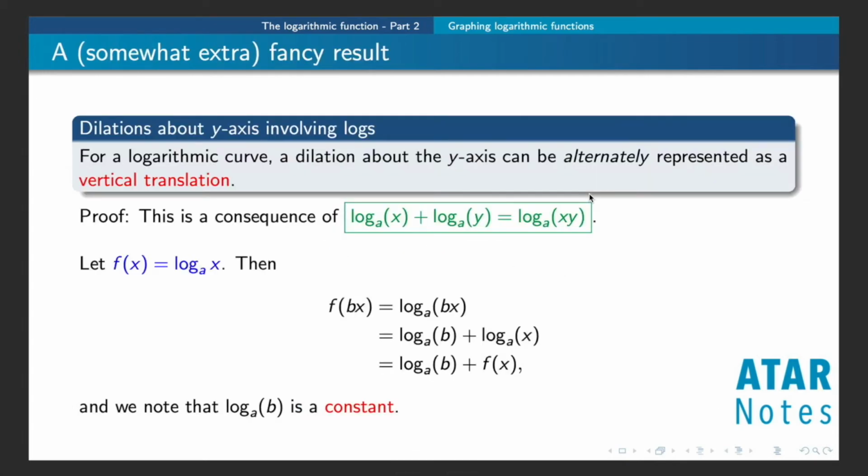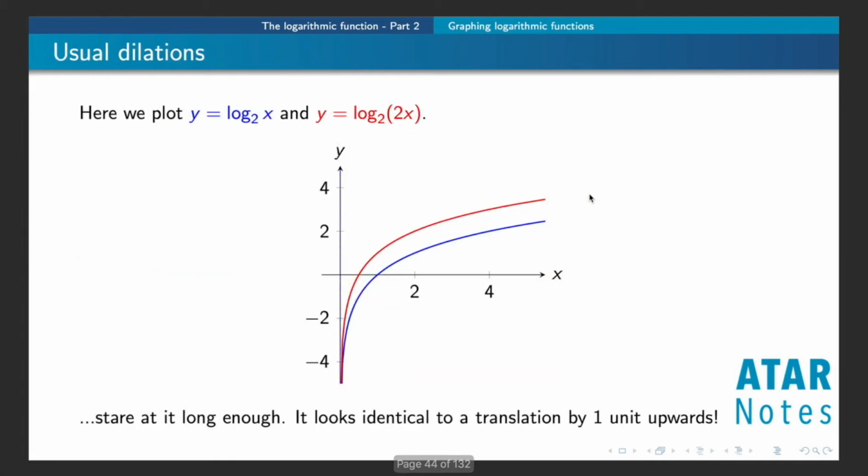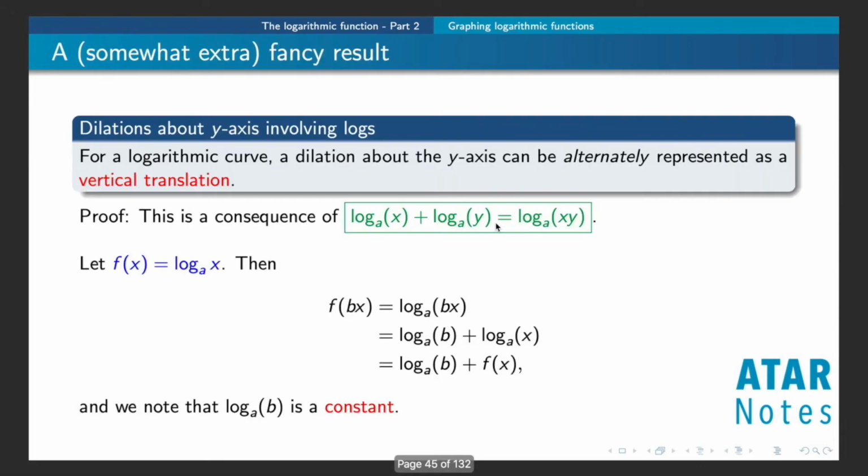The reason they don't cover dilations about the y-axis is because they can actually be represented as a vertical translation anyhow, and to do that, you need to use the log law given by this.